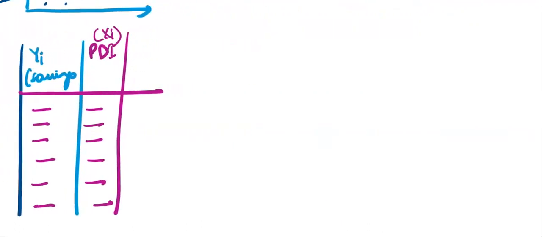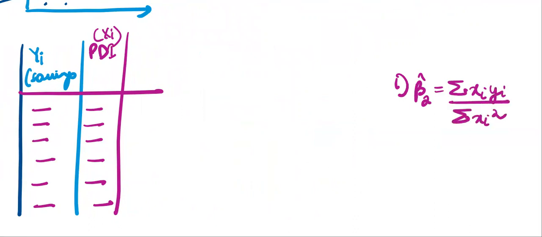You will use the formula to calculate beta 2 hat, which will be summation xi yi upon summation xi square. Secondly, after you have calculated beta 2 hat, you will put this back and find beta 1 hat, which will be y bar minus beta 2 hat x bar.